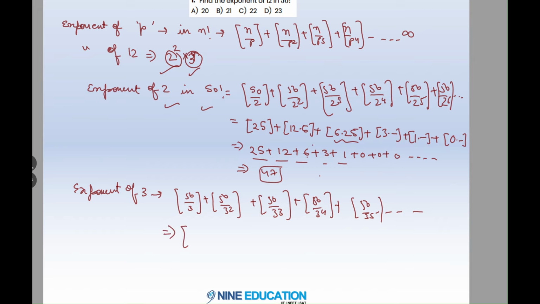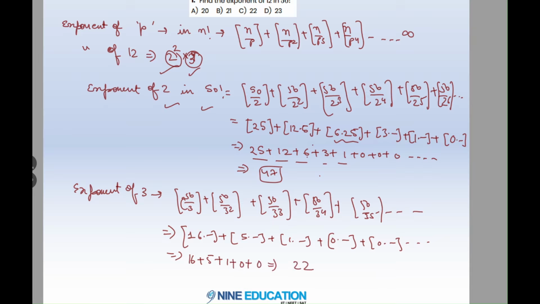50 by 3 will be 16 point something. 50 by 3 square, 50 by 9, will be 5 point something. This will be 1 point something. Next, 50 by 81 will be 0 point something, and the rest of the terms will be 0 point something only. The greatest integer sum here is 16 plus 5 plus 1 plus 0 plus 0, which makes it 22.